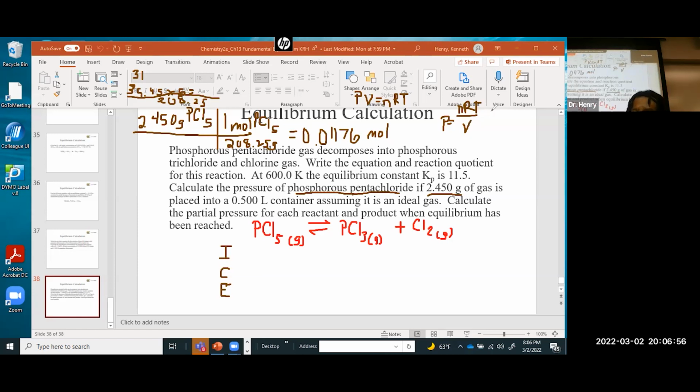So then we get number of moles, which is 0.01176. And then R, which is 0.0821. I'm going to have to move it because I'm running out of room.